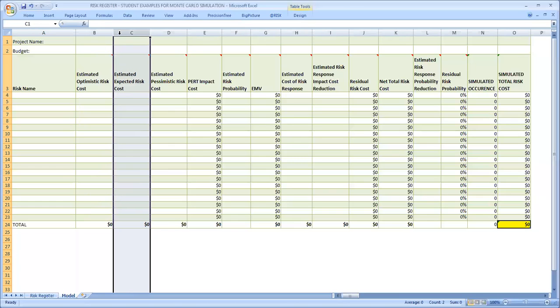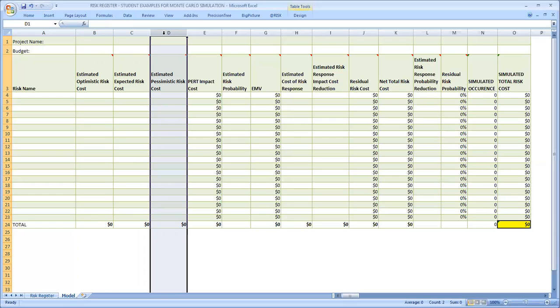The expected cost would be the baseline estimate, or in other words, the mode or the most likely to occur, meaning that in the past, when we've observed similar projects and the risks of those projects when they have occurred, most of the time they end up resulting in a cost which would be reflected in column C. Column D would be the most pessimistic, meaning that would be the most expensive cost that we believe would be the estimate.